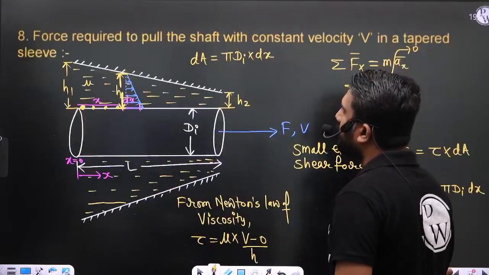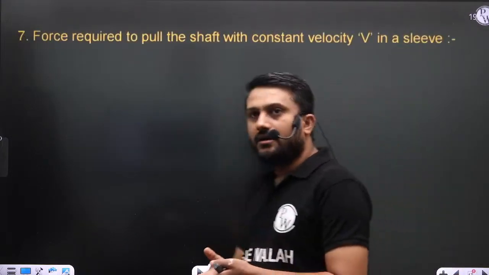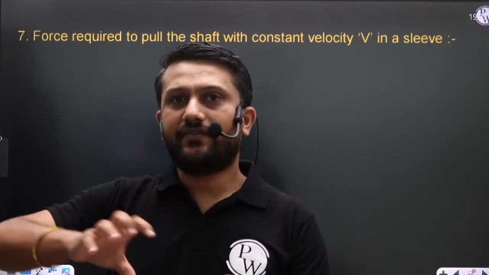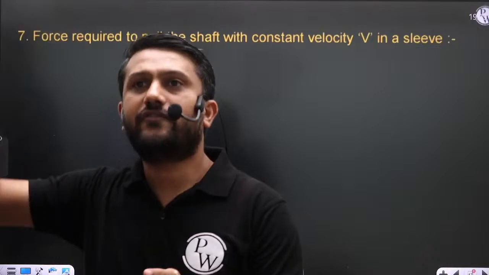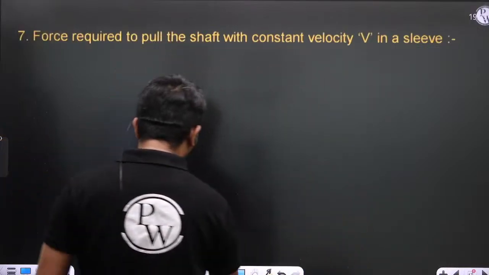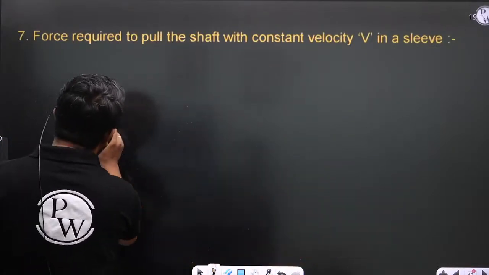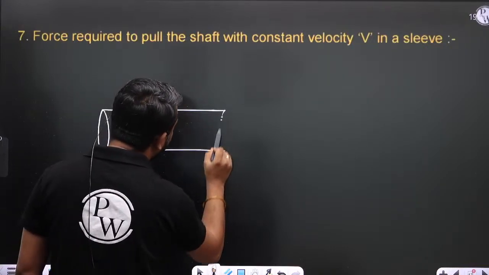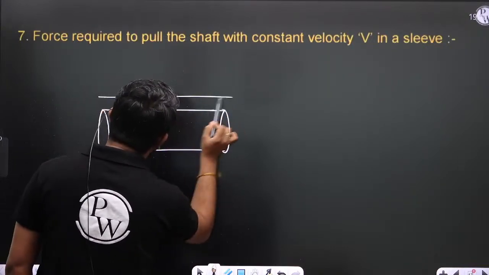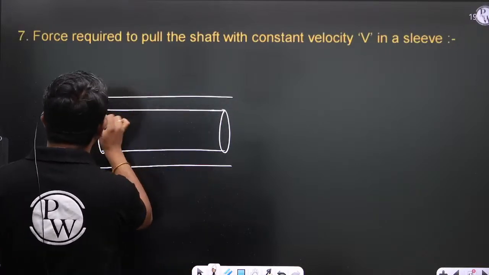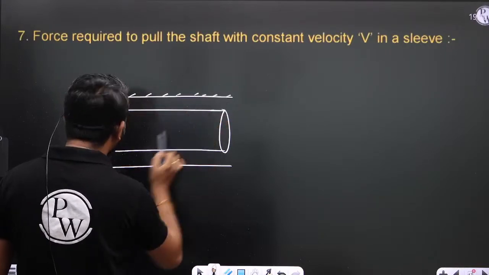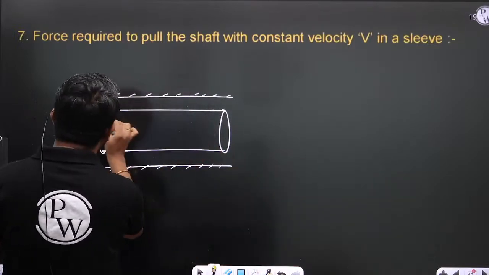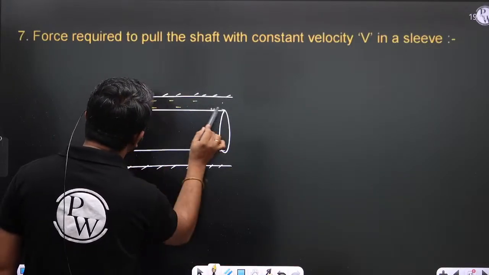Better see, if there is a shaft, and that shaft is in a sleeve where H is not a function of X, like this. This is the shaft, and this shaft is in a sleeve, and to reduce the friction there is a lubricant.